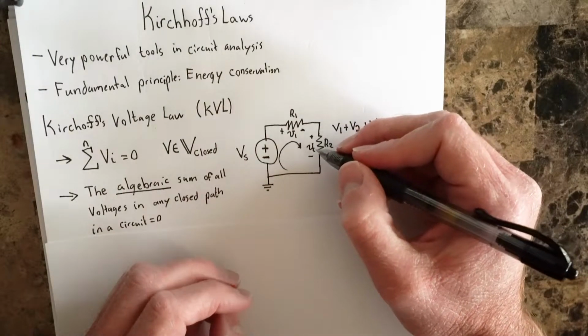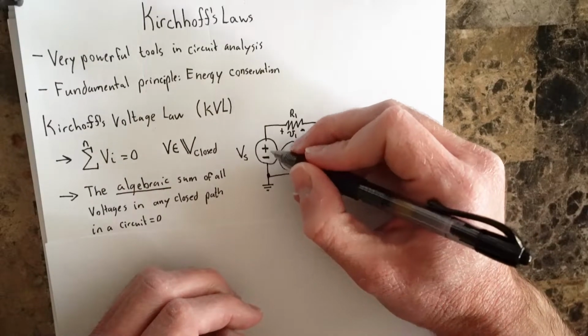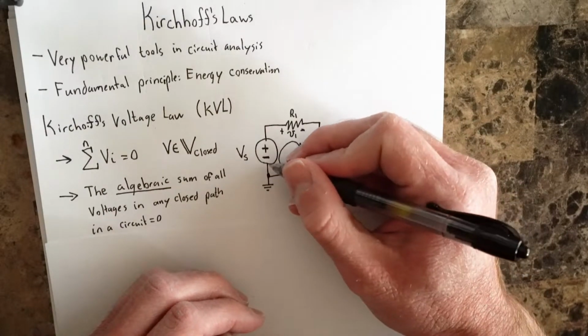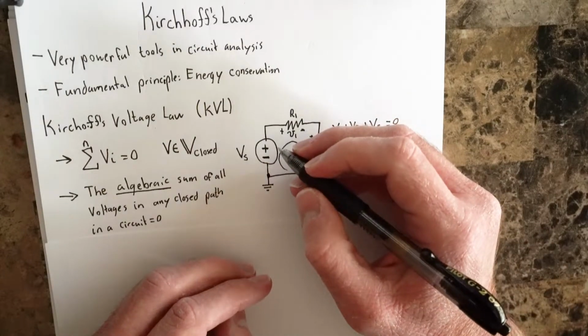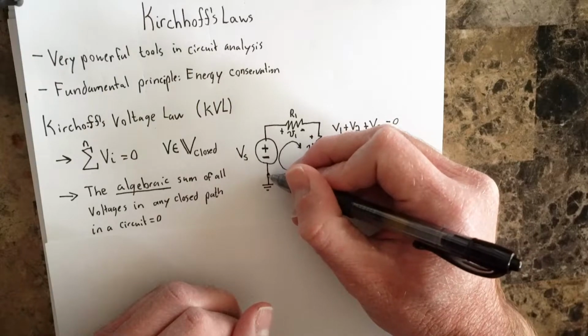So applying an algebraic sum, how we might do this is choose a starting point to start our trek around the circuit. I always like to start near a source. It just is easier in my mind to do so. So let's start right here.